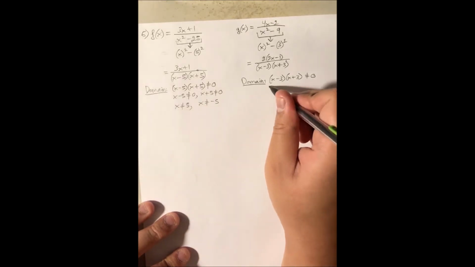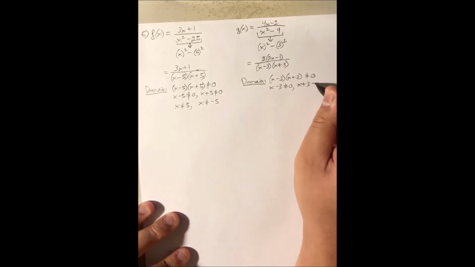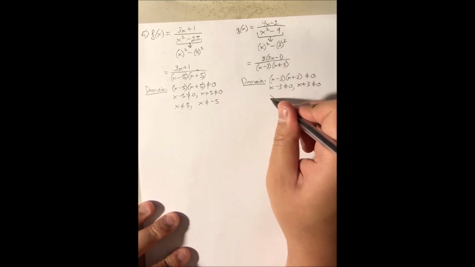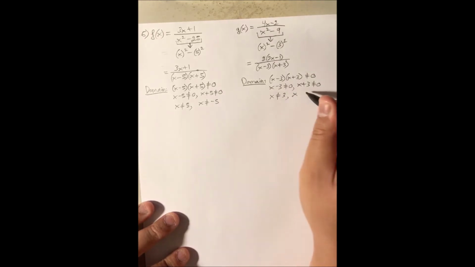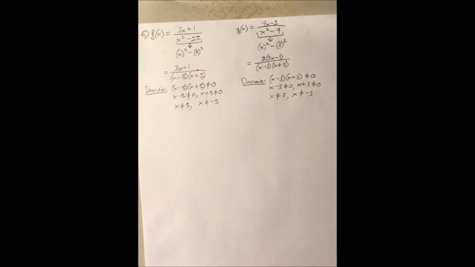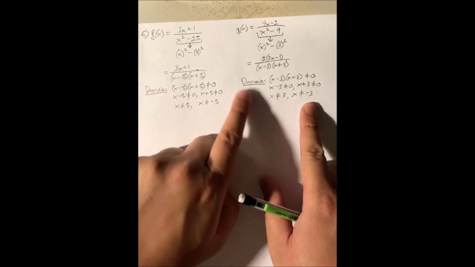Same thing can be done here. x minus 3 cannot be equal to 0, x plus 3 cannot be equal to 0. Solving for x, we know that x cannot be equal to 3, and x cannot be equal to negative 3. So these are the restrictions of the domain of f, and these are the restrictions of the domain of g.